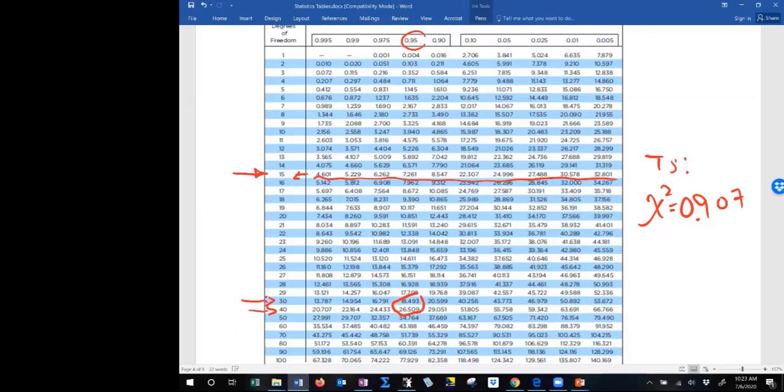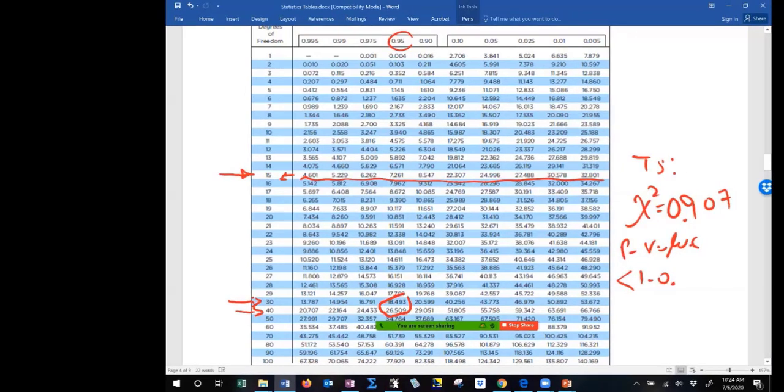And I want you to look at the area at top. The area at top is 0.995. What is that area? To the right of it. So what you want is the area to the left of it, which becomes the alpha. So what is the p-value less than, according to the table? P-value, according to the table, take a look at the number at top, is less than the top number minus 1.